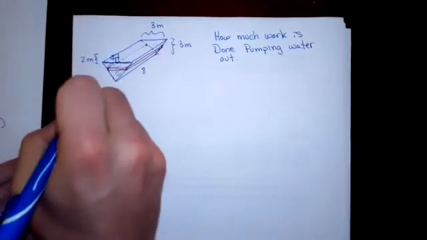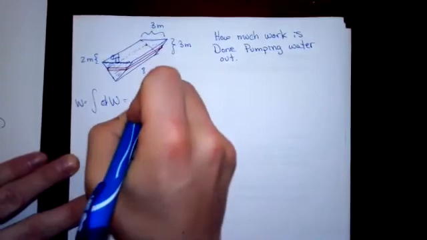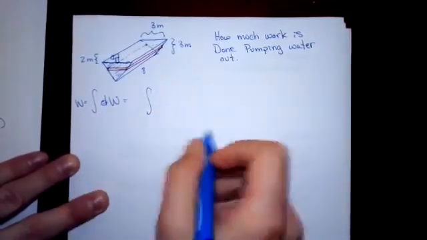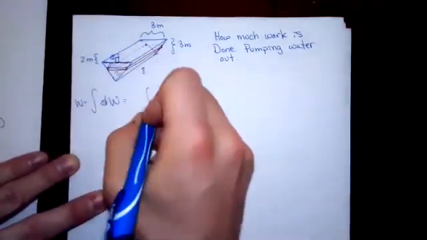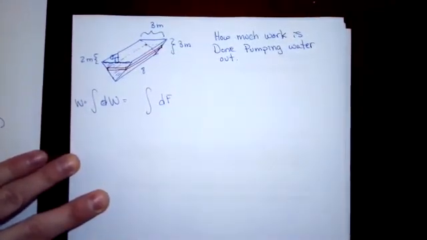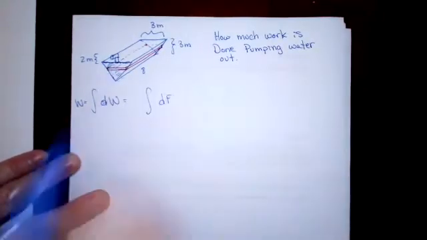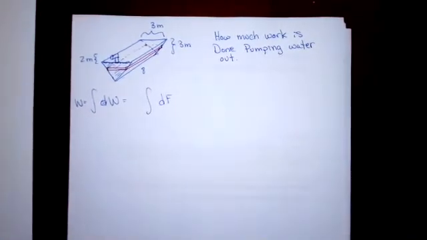So let's go through this thought process. Work is dW, which is going to be the amount of force on this slice. Since I'm cutting it up, it's going to have a small amount of force on it, and the distance we're moving it. So this is where we want to choose our reference point.